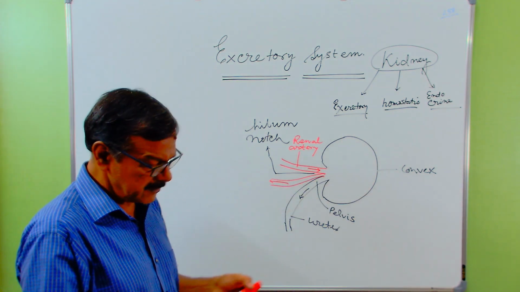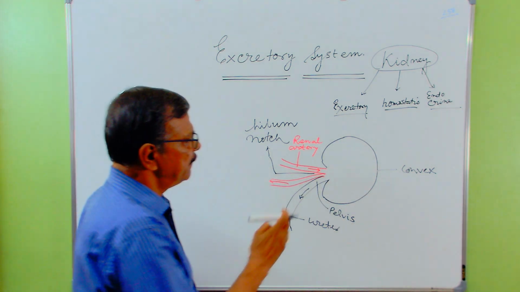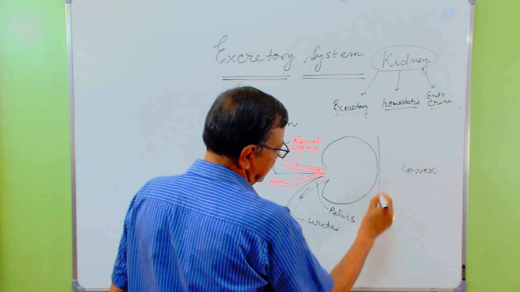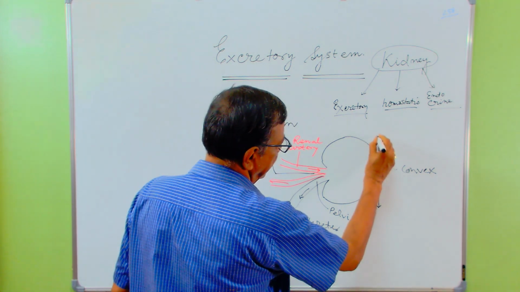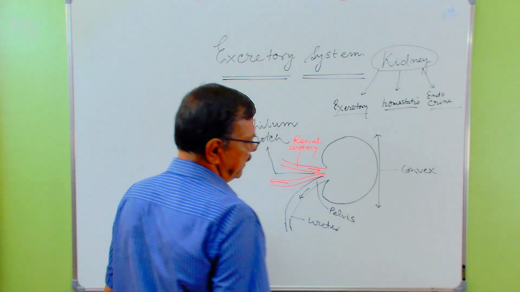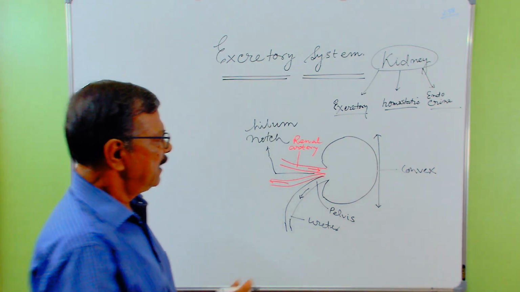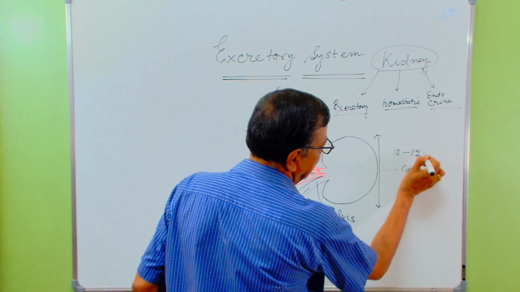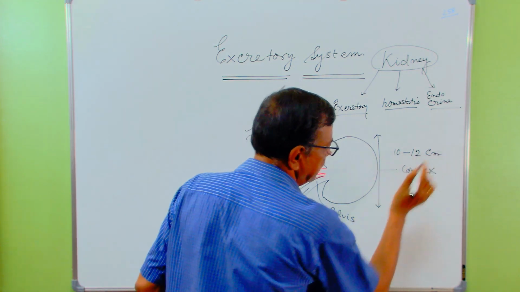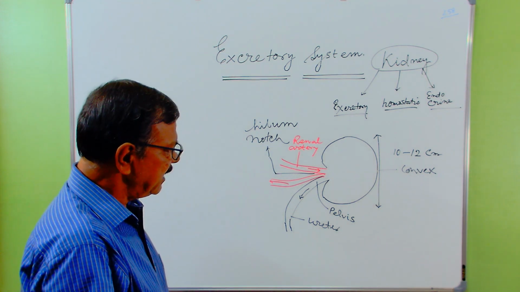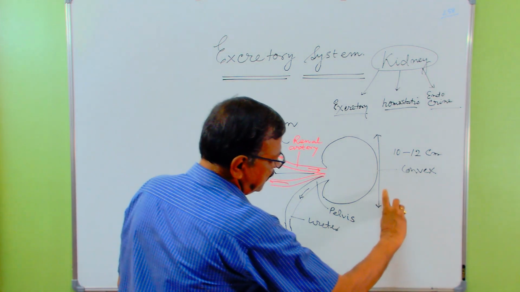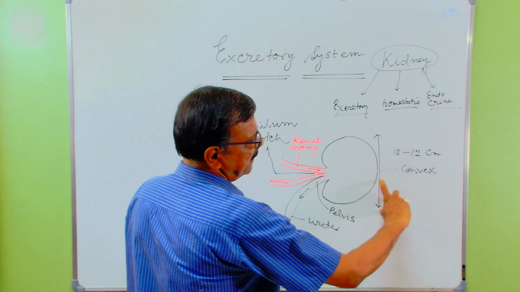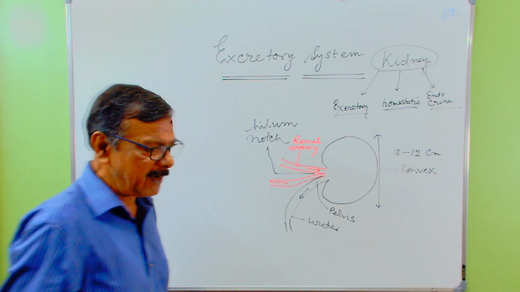Now this kidney in length is 10 to 12 centimeter, like this, up to this, 12 centimeter. We are making it a bigger one.